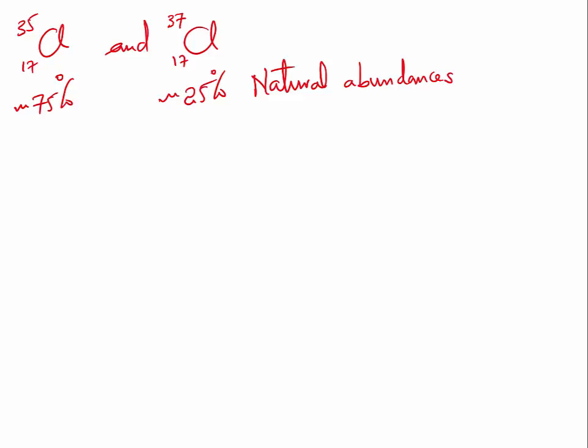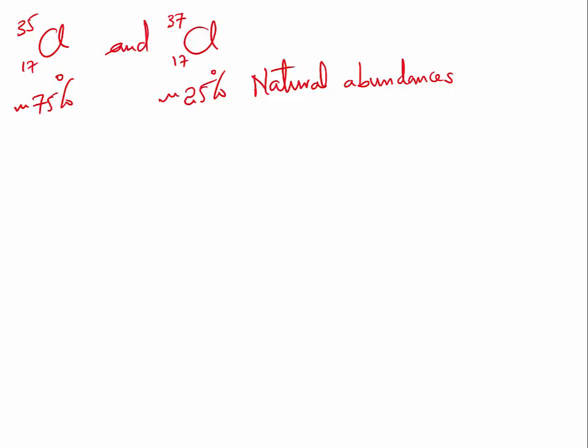This is now the question. Which mass should we use to represent all chlorine atoms? We cannot use 35, although it is a mass number of chlorine, because chlorine 37 also exists.